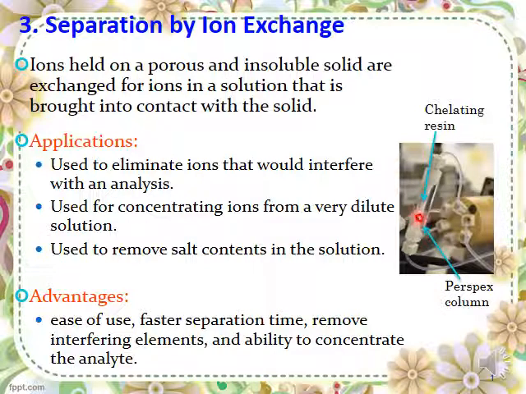Therefore that hydrogen ion will exchange with sulfate from the solution here. So sulfate will be retained in this chelating resin, and then hydrogen in the solution here will pass through. Later on, that sulfate can be washed through this resin and precipitate with barium. So that is one application.